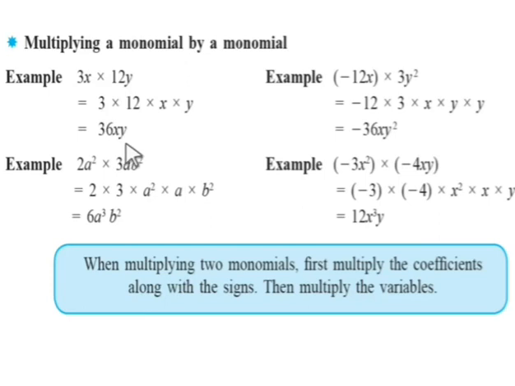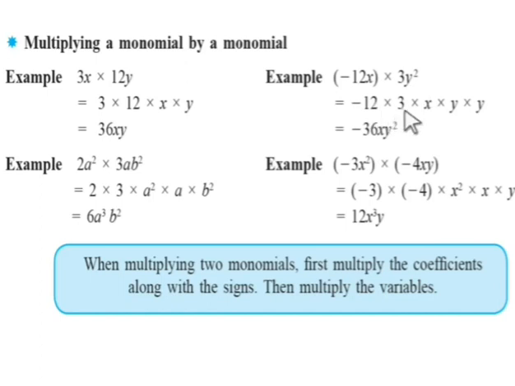Now next example, negative 12x multiplied by 3y square. Again, negative 12x is a monomial, 3y square is also a monomial. First we will multiply the coefficients. Here the coefficient of negative 12x is negative 12 and coefficient of 3y square is 3.